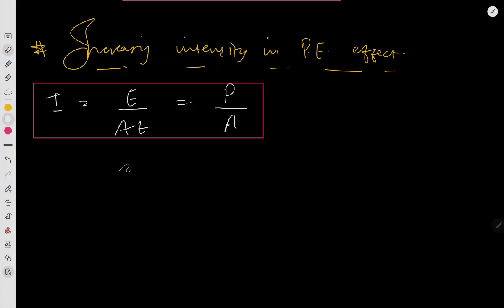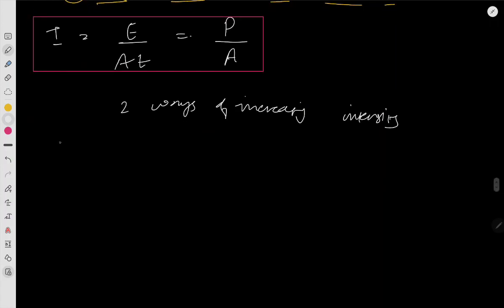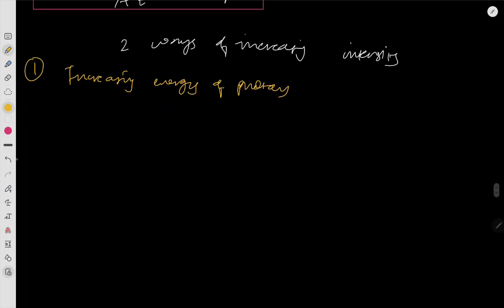So intensity we know now. There are two ways of increasing intensity. The first one is increasing the energy of photons. For example, here is a light bulb which is emitting photons of 3 joule.